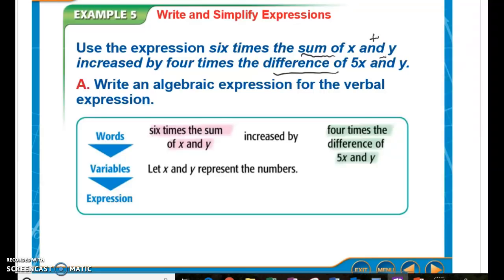So you can translate this just by going 6 times the sum of, a parentheses, x and y. Increased by is addition. Then 4 times the difference of 5x minus y. So when you see a number 6 times the sum of, then make sure and put a parentheses right there.